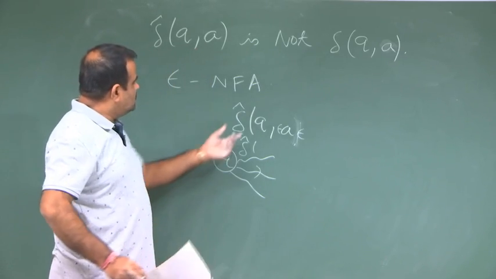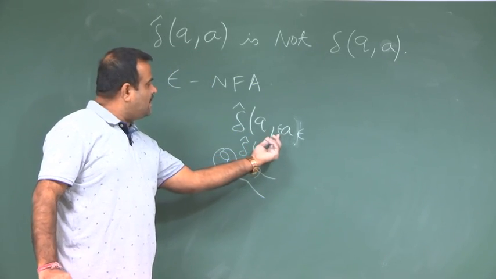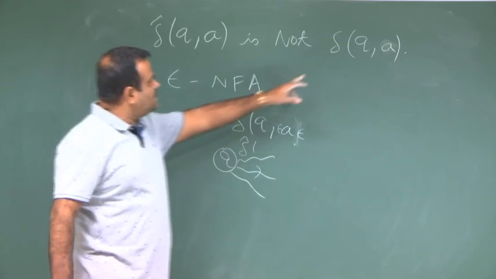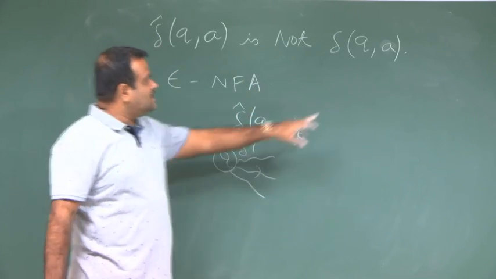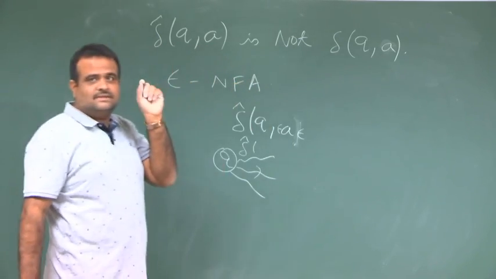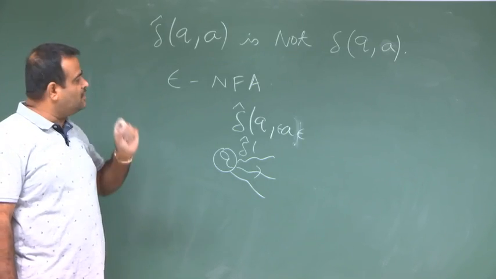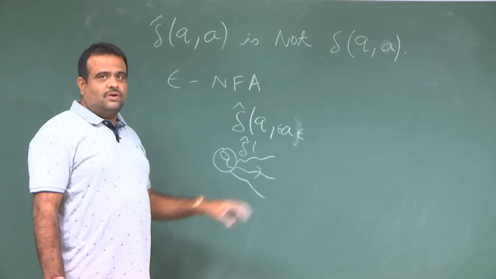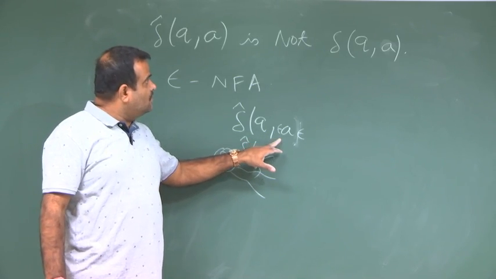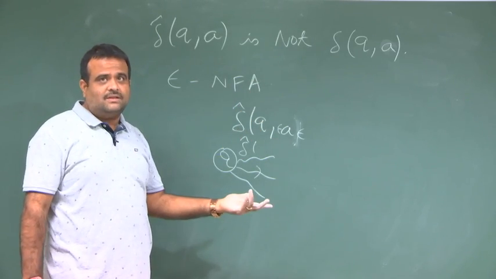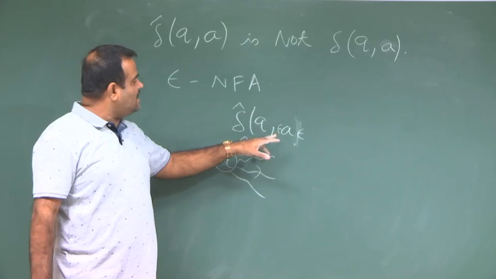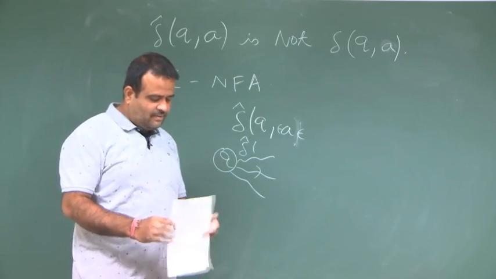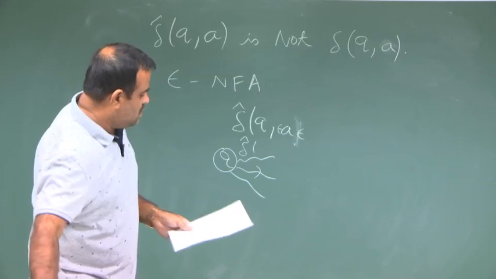So, we can see an epsilon before A, and we can see an epsilon after A. So, this is a string. Once we define delta, this A is treated as a single alphabet symbol, not a string. So, there is a fundamental difference between these two. Here we are allowing the epsilon move, but there A could be epsilon, that is fine, but other than that it is just an input alphabet symbol.